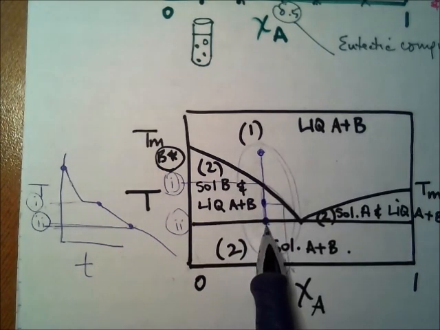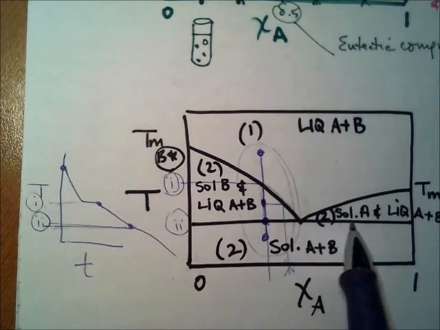Now watch what happens with my tie lines at the eutectic. A tie line here brings me right to this border and right to this border.